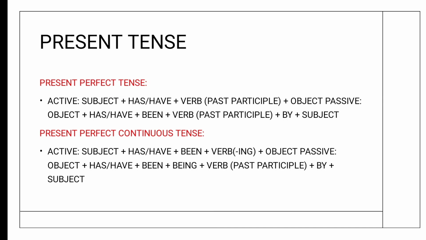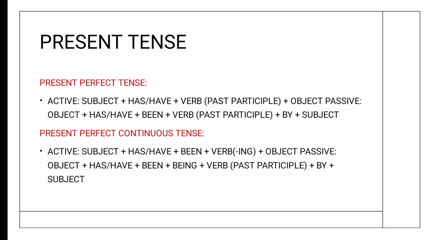The object will come into the subject place, plus has or have, plus been. When we are converting present perfect tense from active voice to passive voice, we have to add been after has or have.